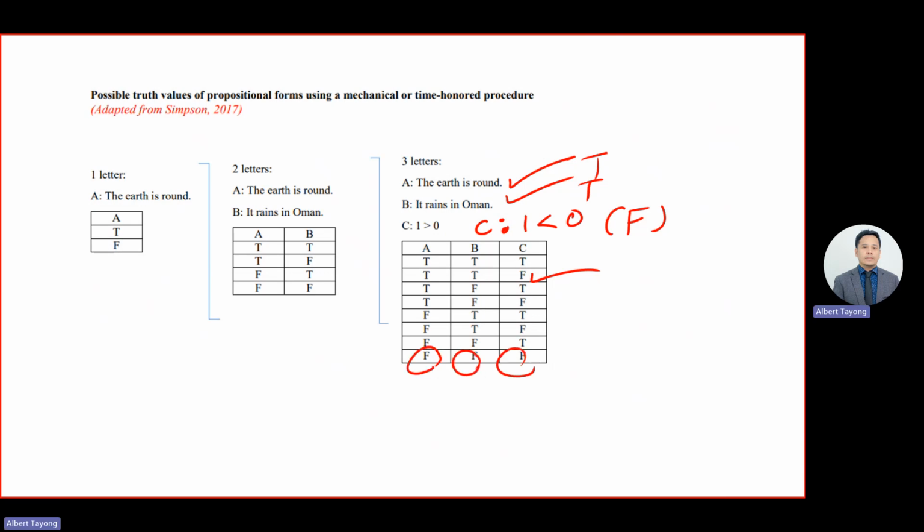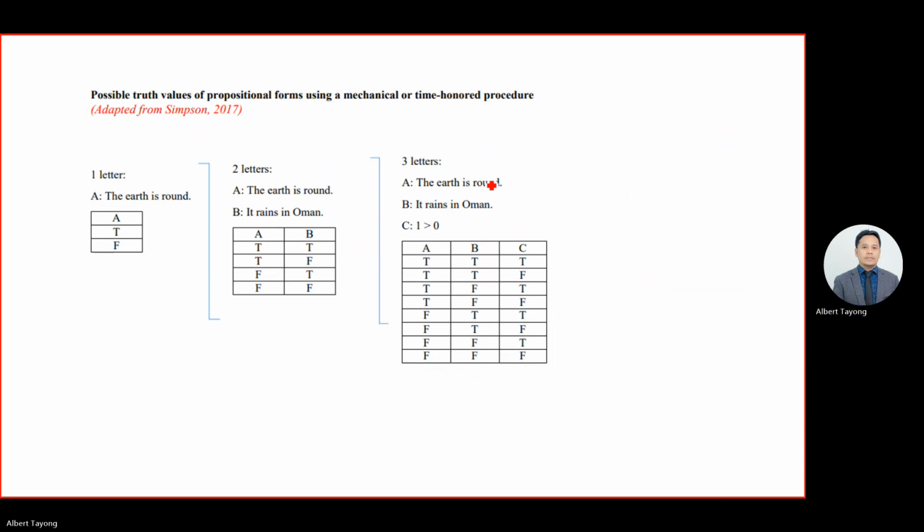If I'm going to say the earth is not round, here I'm going to say the earth is not round, it does not rain in Oman, and 1 less than 0. Okay, here I'm going to say it does not rain in Oman. This is gonna be false.